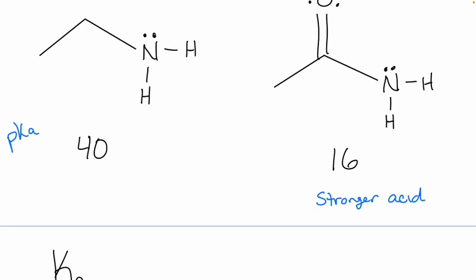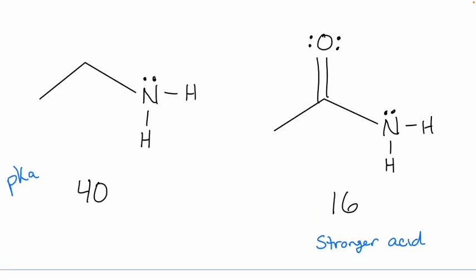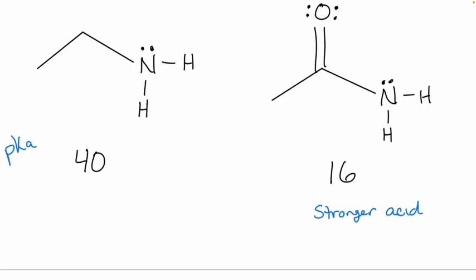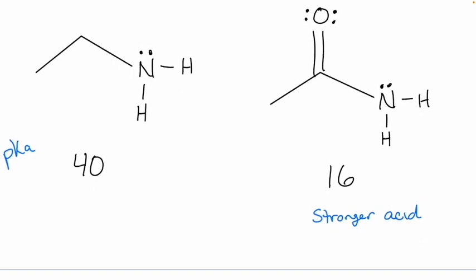And remember, the stronger the acid, the weaker the conjugate base. So indeed, we get the same result. Our stronger acid, this is our weaker base. So this one would be our stronger base.